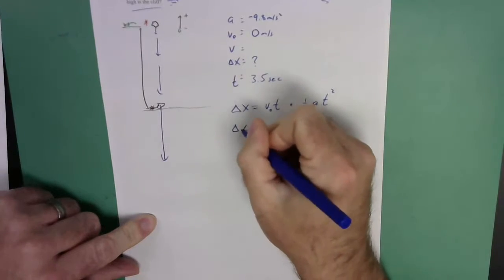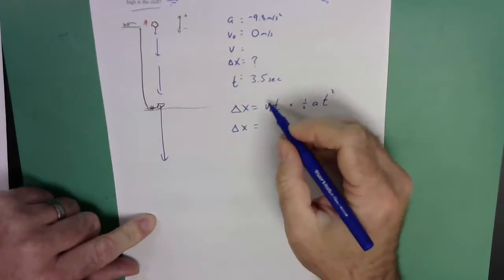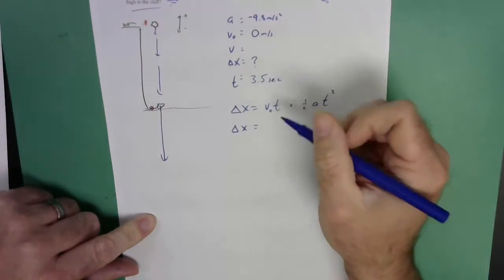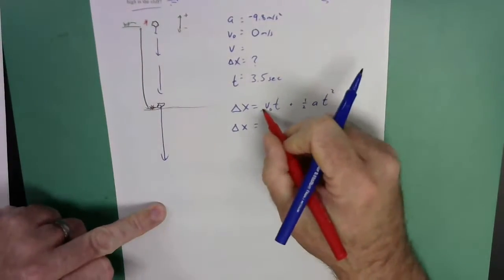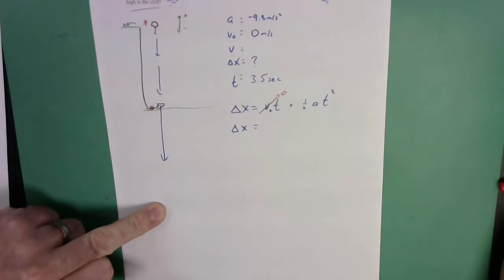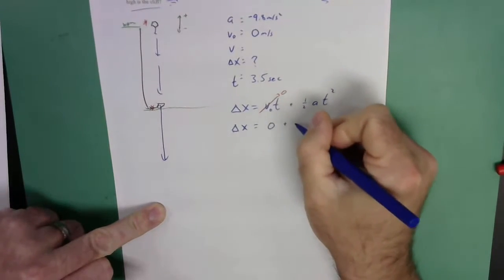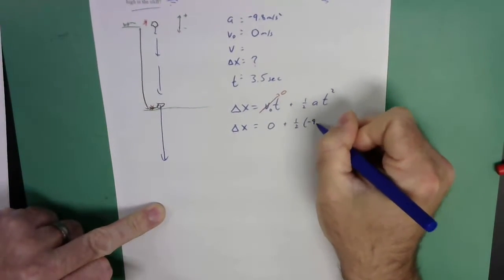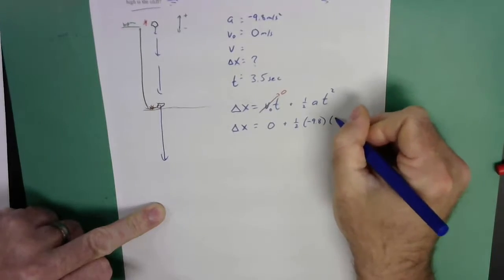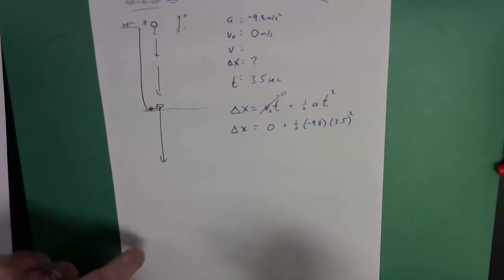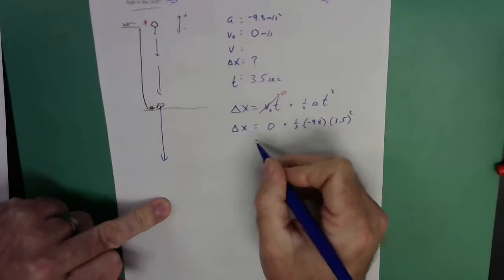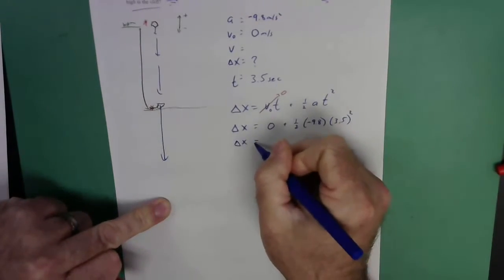I don't have to rearrange. What was the initial velocity? Oh, it was 0. So this whole term is just going to drop out because V naught was 0. And then I've got 1/2 acceleration, negative 9.8, times that time, 3.5 seconds squared. And we're all set, ready to plug into the calculator to get my displacement.